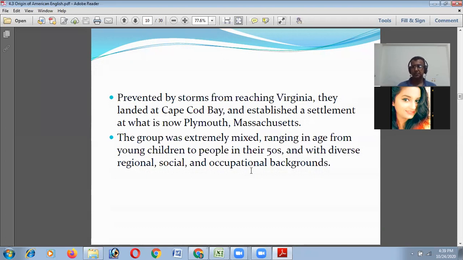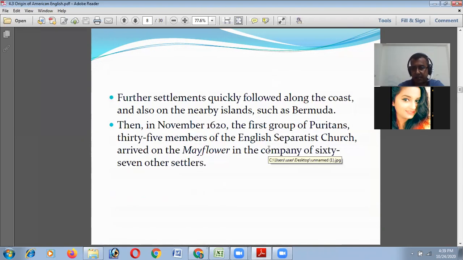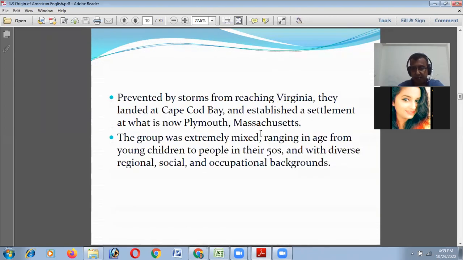So the Puritans wanted to go to this area, this bay, but they failed because of the stormy weather, and they landed there. The name is Plymouth, Massachusetts. So this Massachusetts is called New England, and the people living in this area are mostly Puritan.